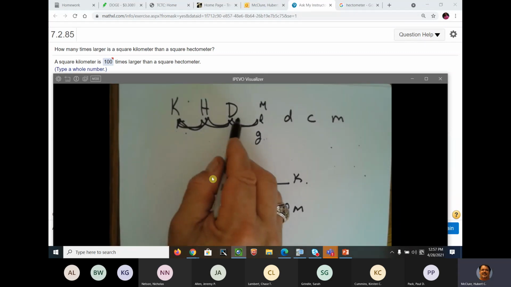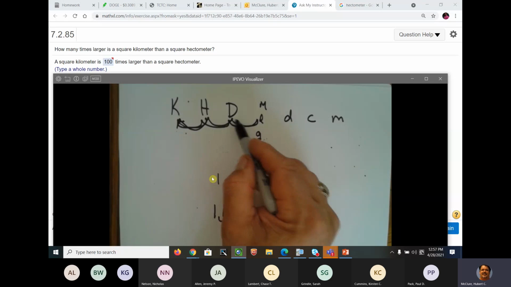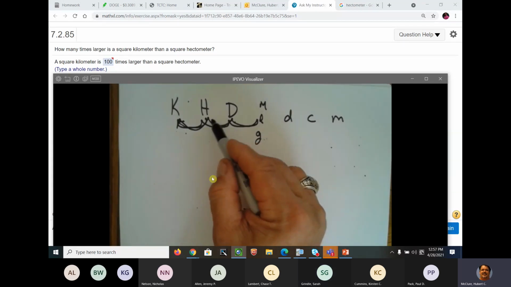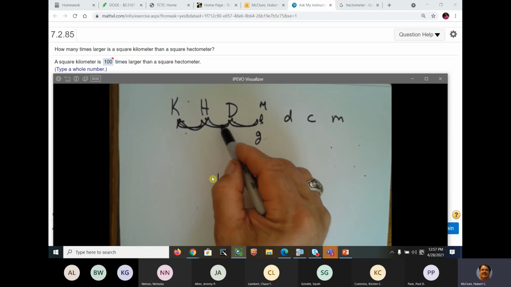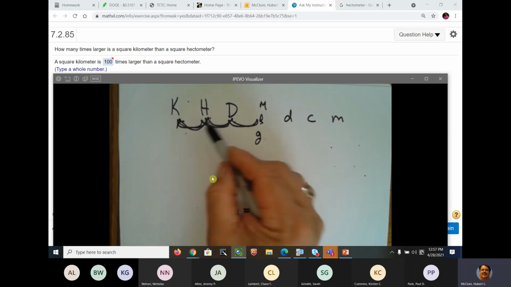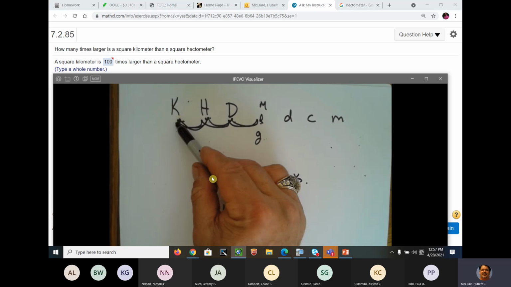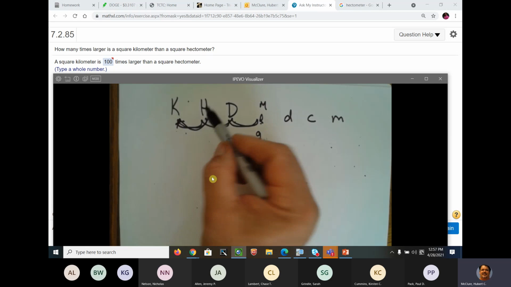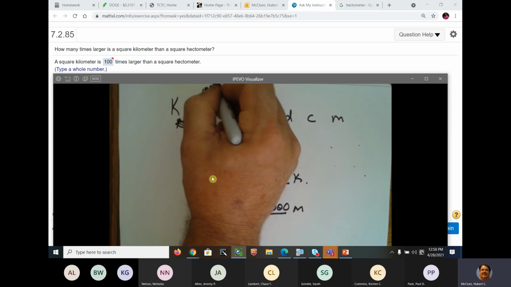So there's 10 liters in a deciliter. There's 100 liters in a hectoliter, and there is 1,000 liters in a kiloliter. So what is the difference between 100 and 1,000?